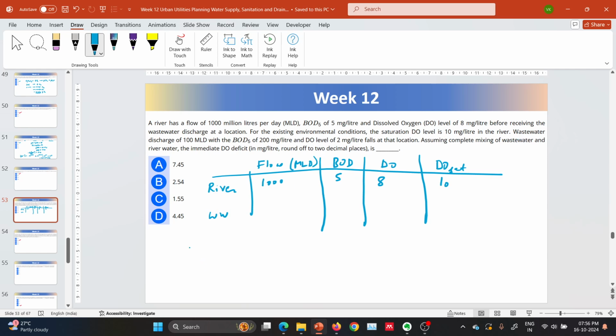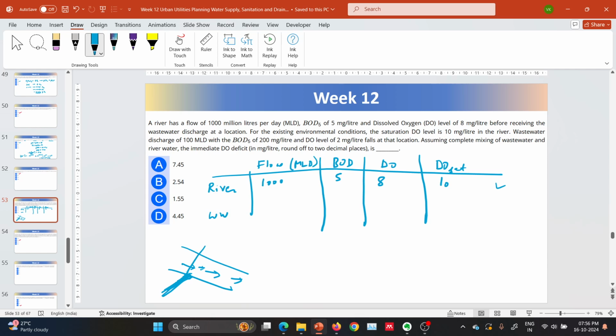So what is happening, if you want to visualize it? A river is flowing, and we are discharging the wastewater into the river. The river has these parameters which are written here, and the wastewater stream has certain parameters that we will see. When they mix, there will be a reduction of the DO in the river water.